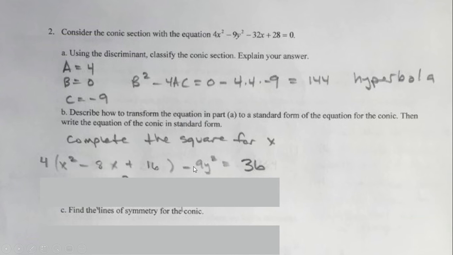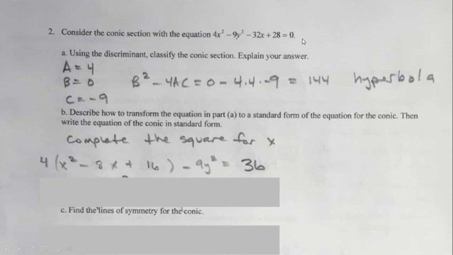This is equal to, minus my 9y squared, is equal to, and I'm going to have negative 28 plus 4 times 16, because we added it to this side.